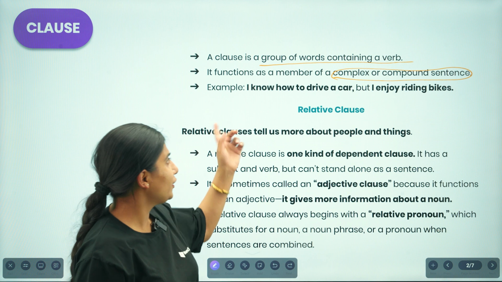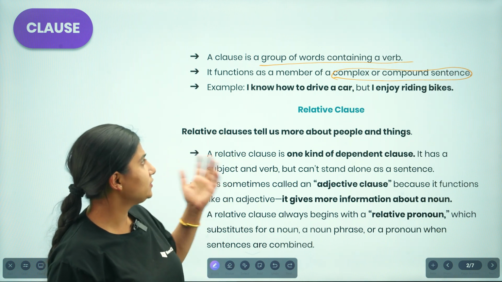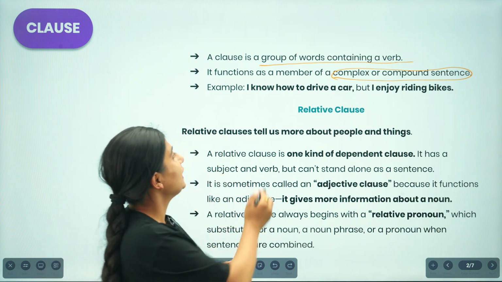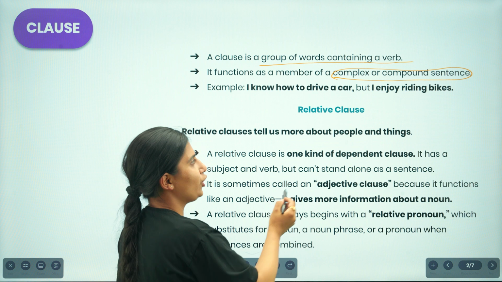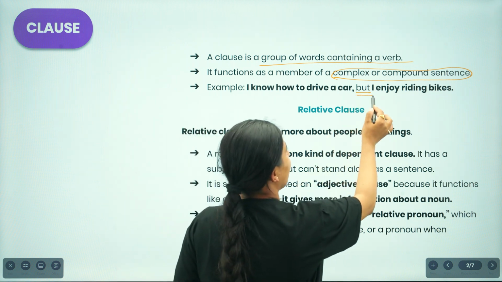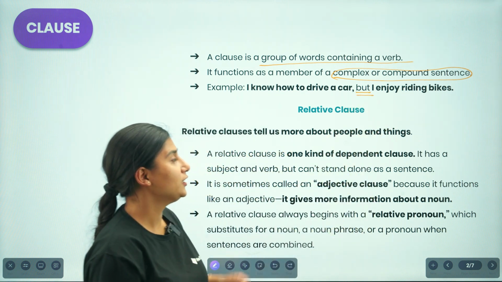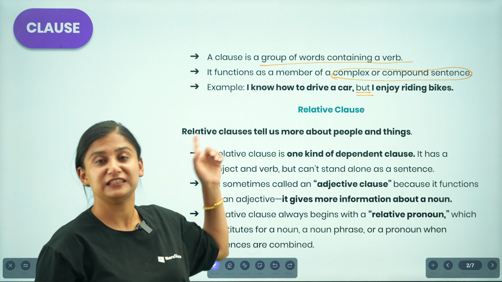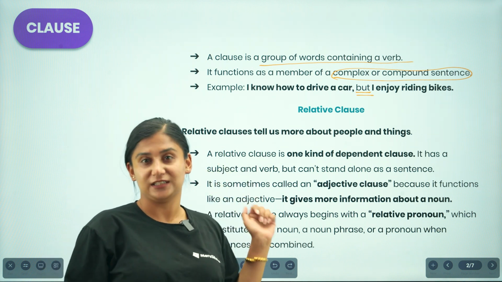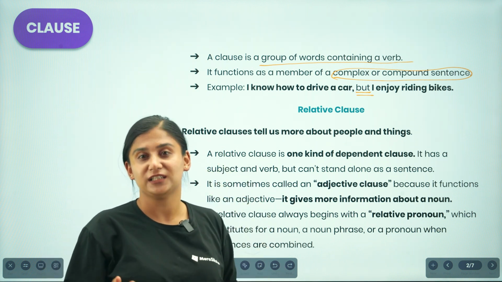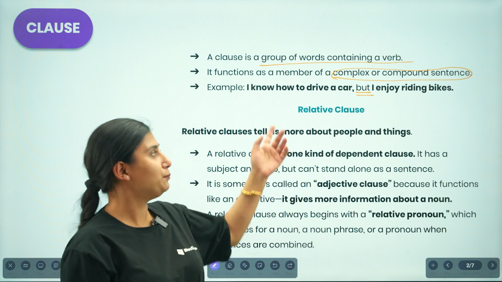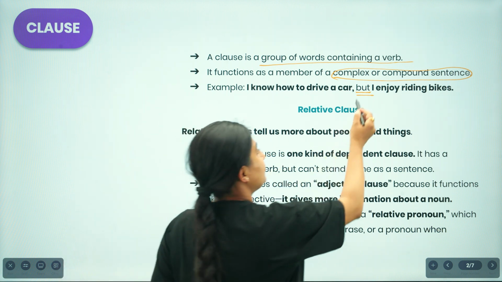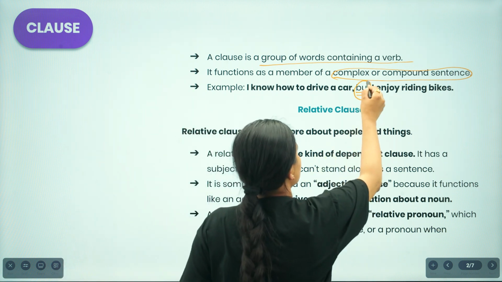For example, here I have written the example, and it reads, "I know how to drive a car, but I enjoy riding bikes." Here we have two different sentences, and both are independent. Both have meaning on their own, but they have been joined with the conjunction "but".